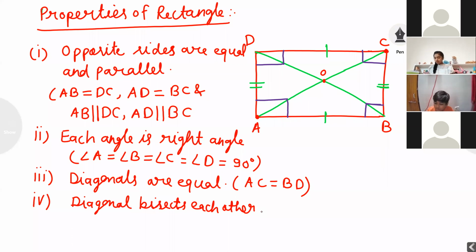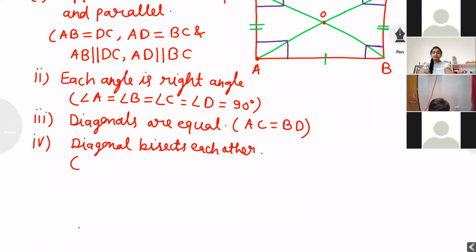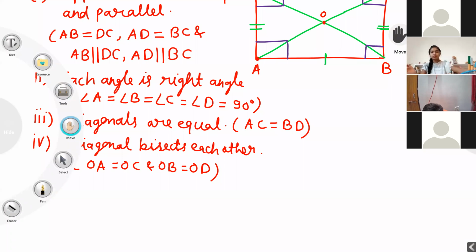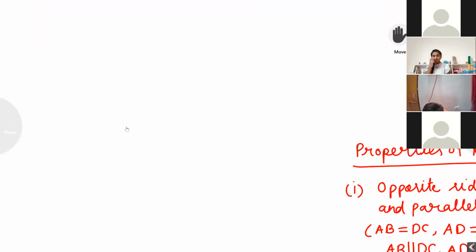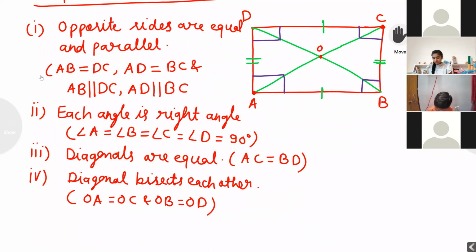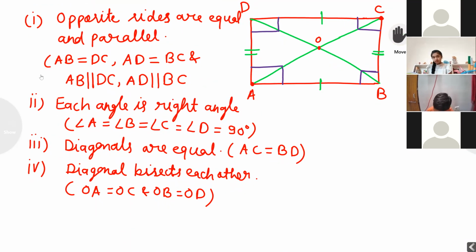Means I can say AO is equal to OC and OB is equal to OD. We can write here OA is equal to OC and OB is equal to OD. Note down very clearly, everyone.